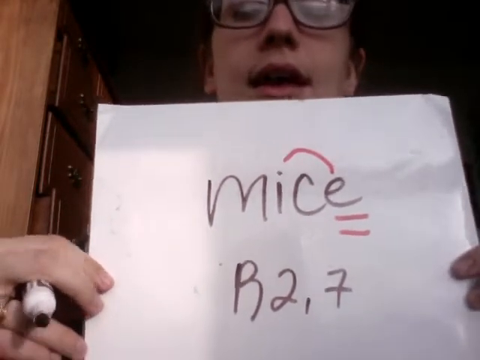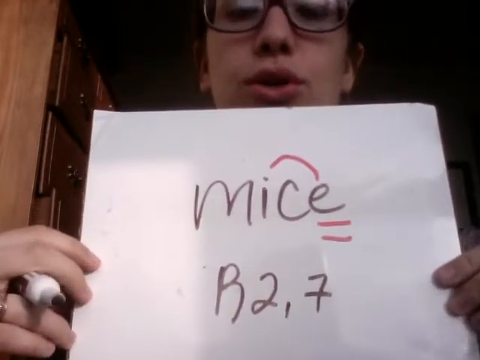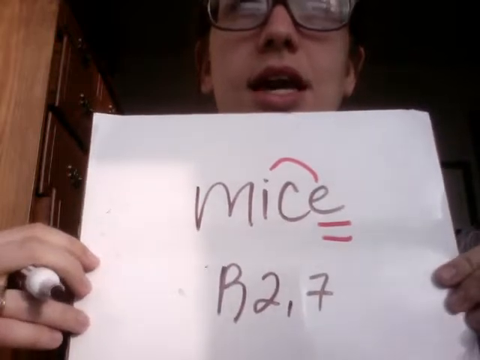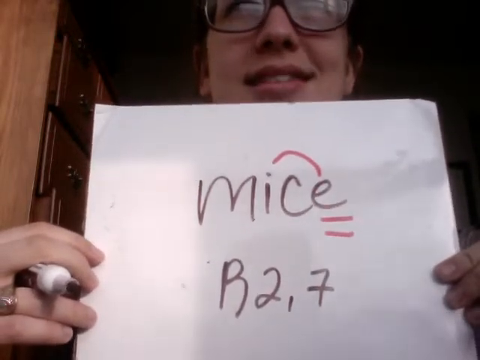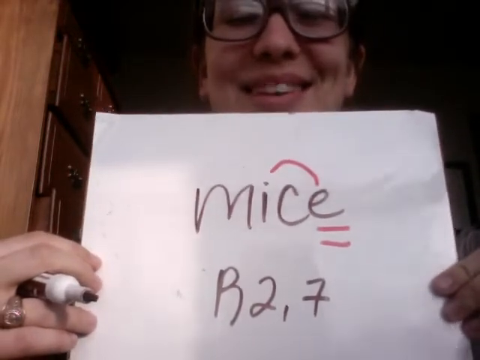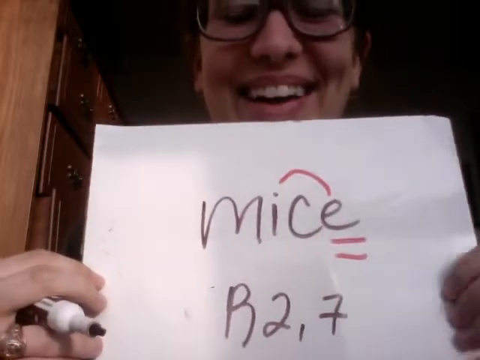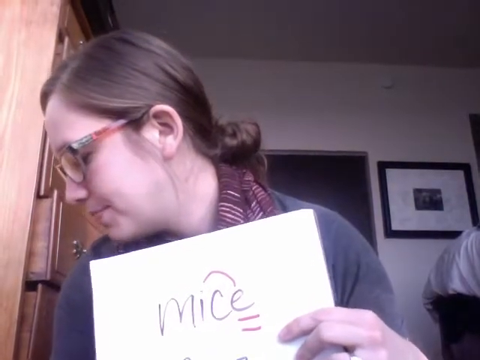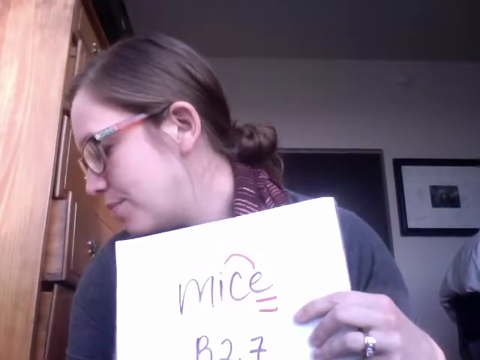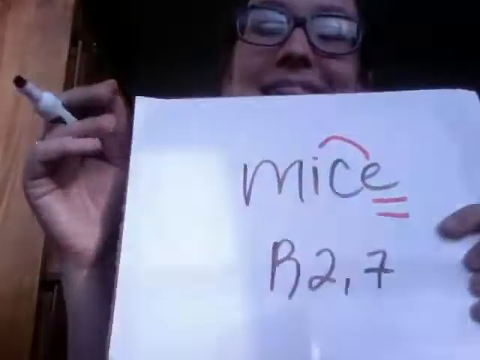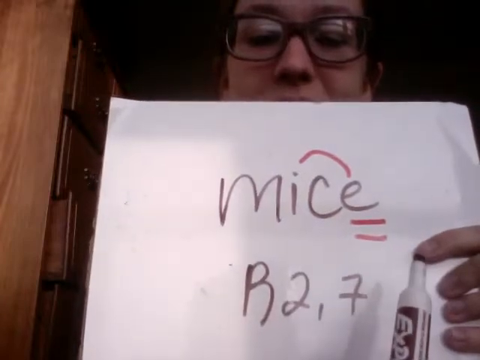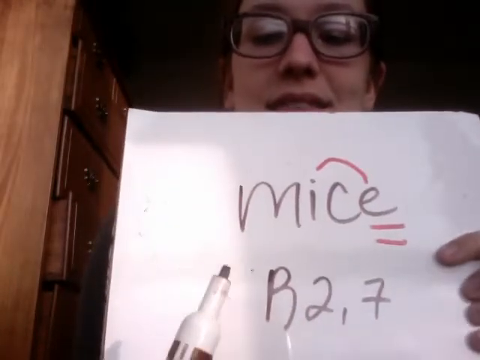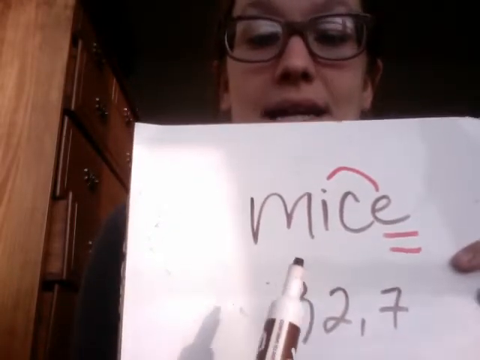M-I-C-E, and we have a few rules. Rule 2, C says k, but says s before E, I, and Y. Oh boy, you're seeing how I have to look at my rules all the time. Okay, it says before E, I, or Y. So since there's an E that follows it, the C says s.